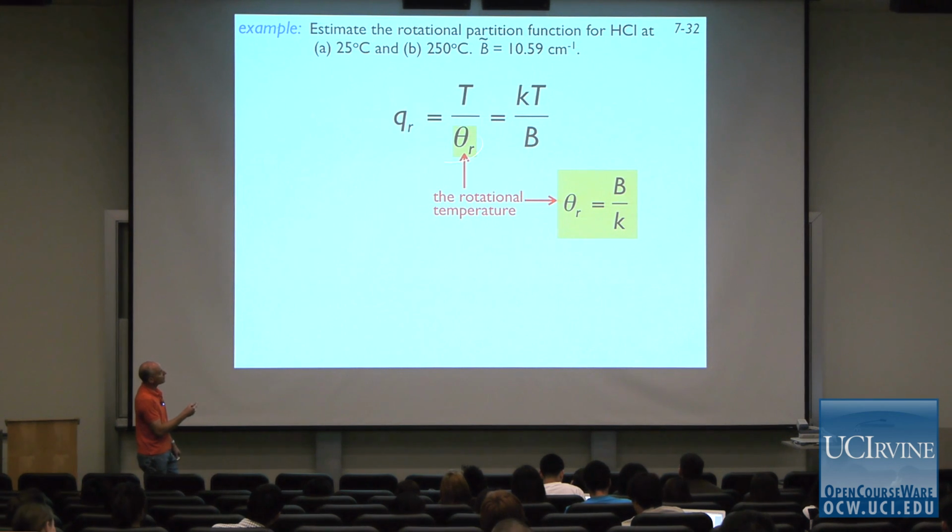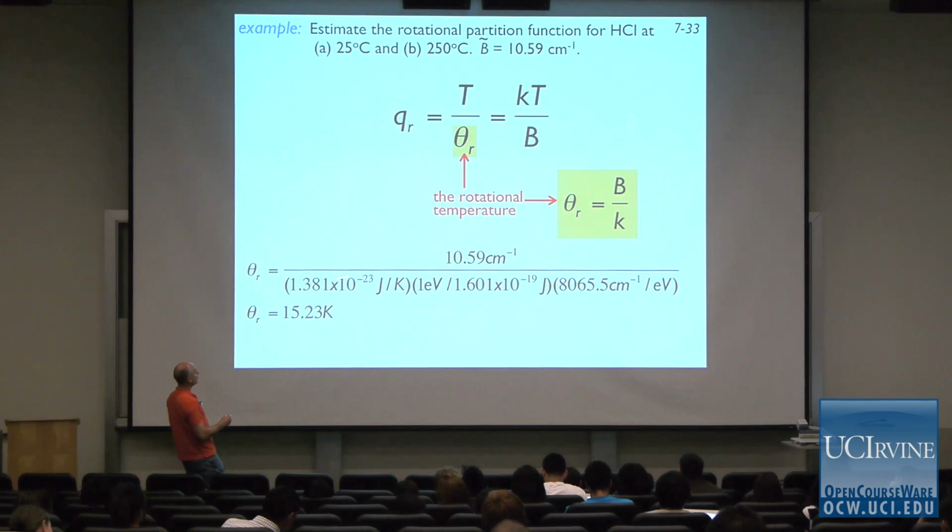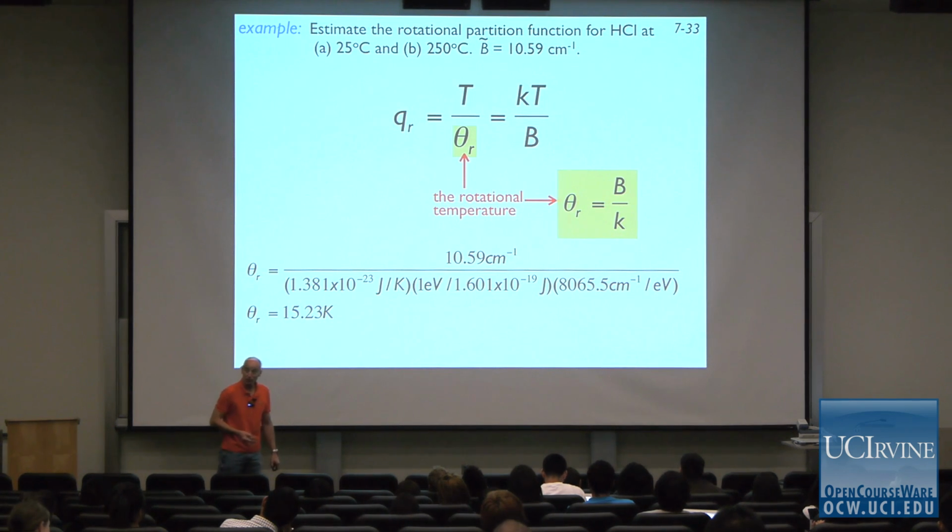That's the rotational temperature, theta sub r. The rotational temperature is just B over k, B in units of joules, of course, if we're going to use this equation. So the rotational temperature here, I can calculate what it is, 10.59. Convert to joules, divide by k. I get 15.23 degrees Kelvin. That's the rotational temperature. Pretty cold, huh?